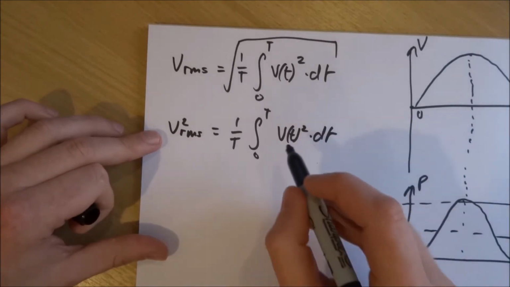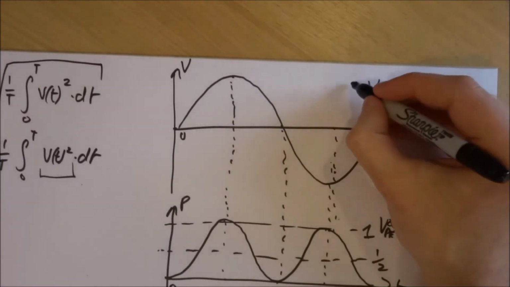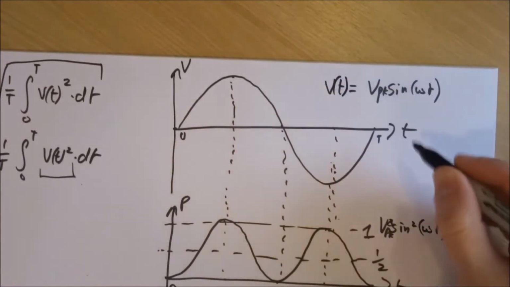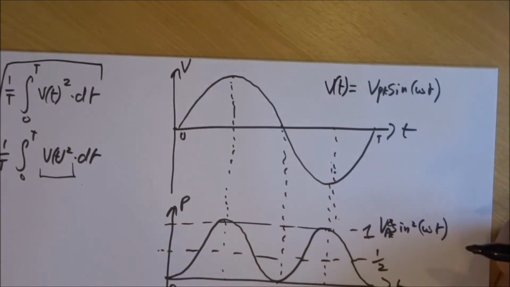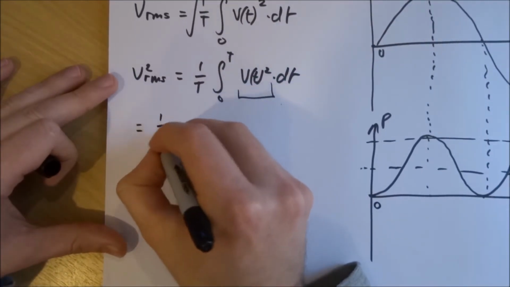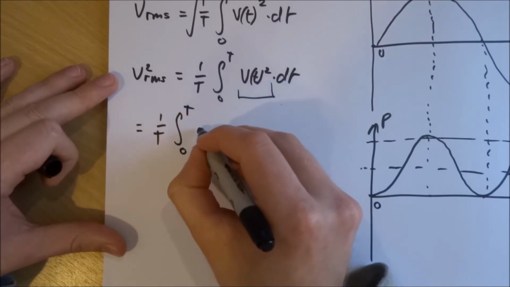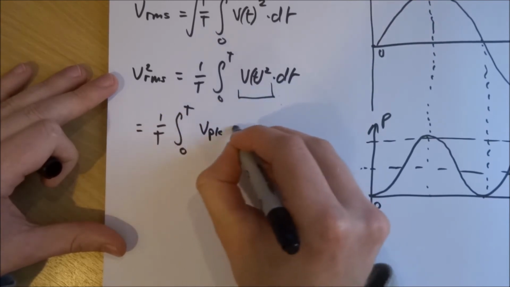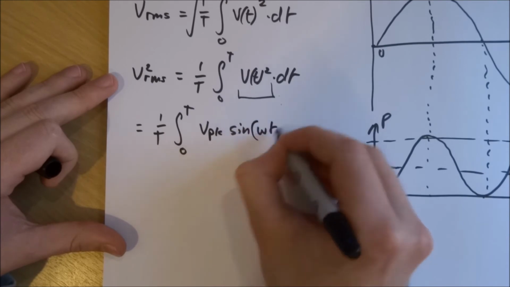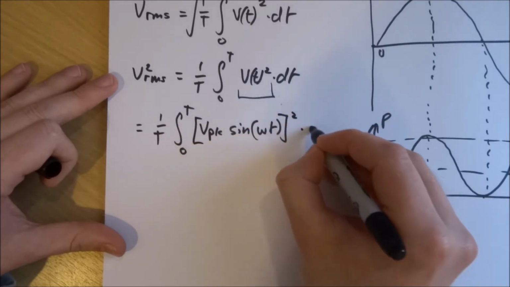I can then substitute in for v of t our function, which is this. v of t is the amplitude times the sine of omega t. So it's 1 over T times the integral from 0 to T of V peak times the sine of omega t, all squared.